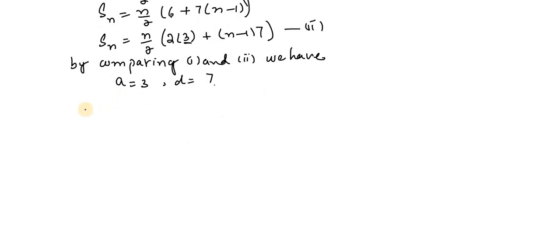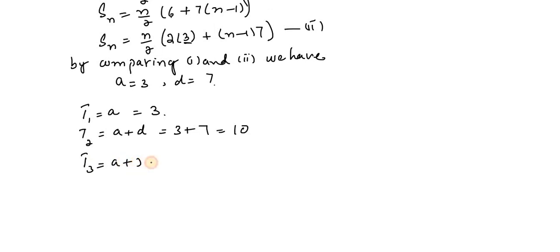We know that the first term will be a, and the value of a is 3. The second term t2 is a plus d, so 3 plus 7 is equal to 10. The third term will be a plus 2d, so 3 plus 2 into 7, 2 sevens are 14, plus 3 is 17.